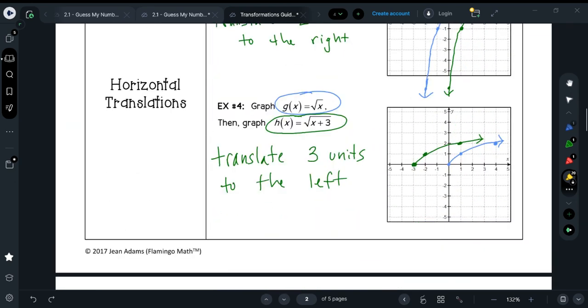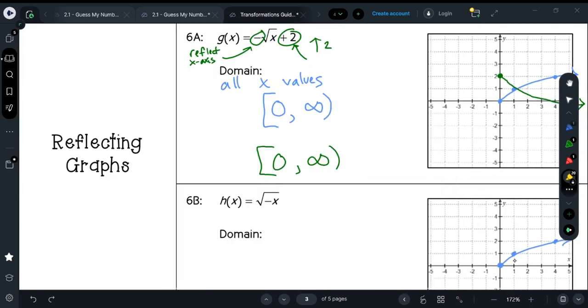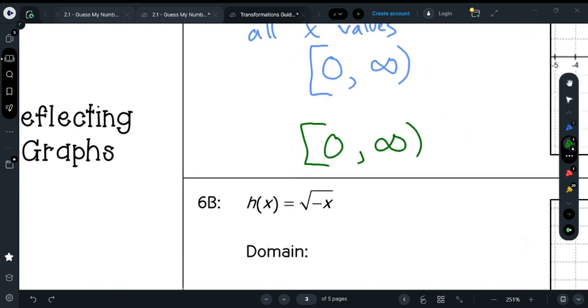So let's just label it here. We'll say reflect y-axis. That's what's resulting from the negative on the inside.